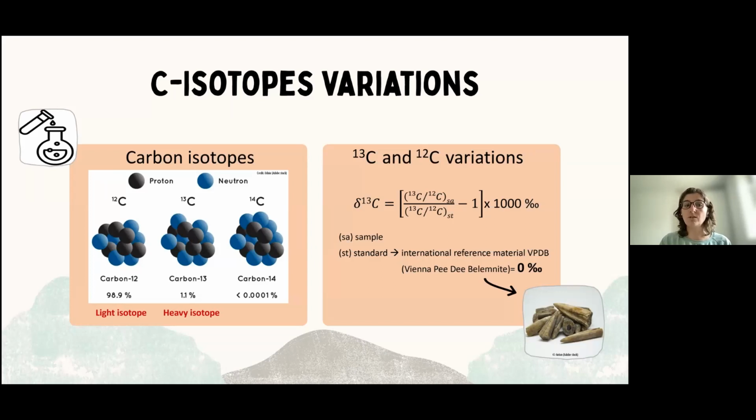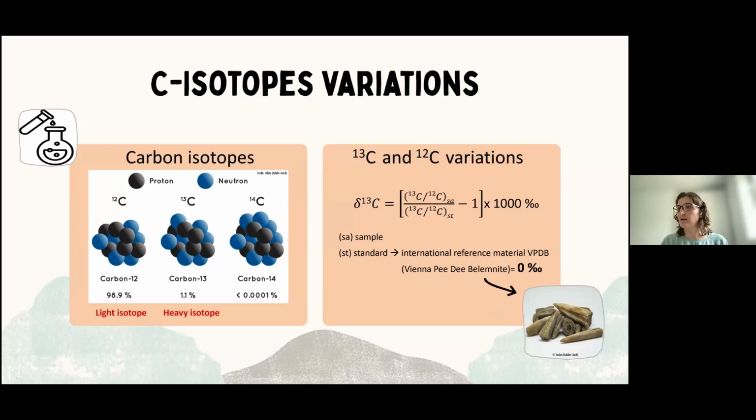Variations in these isotopes, the ratio between the light and the heavy, are reported in a standard delta notation in parts per mil. Here is the equation, in which we measure the ratio of the heavy versus the light in the sample, and we compare it to the heavy versus the light in the standard, where the standard is an international reference material, which in this case for carbon is the Vienna PDB belemnite, that is this fossil that I represent here in this picture.